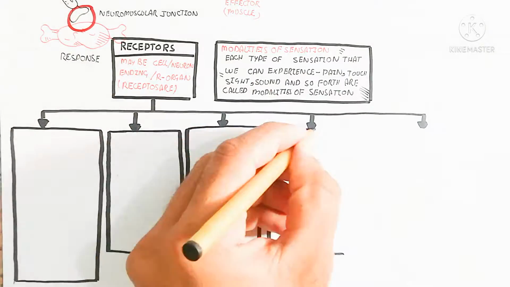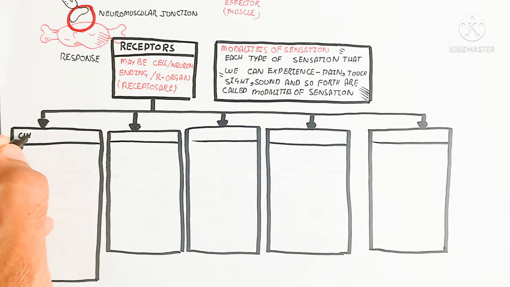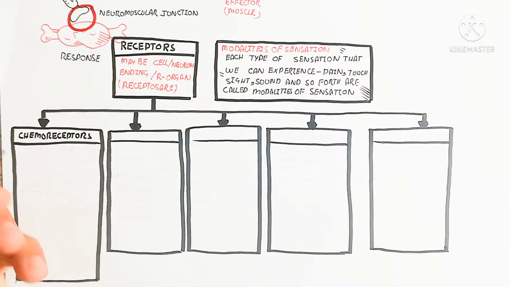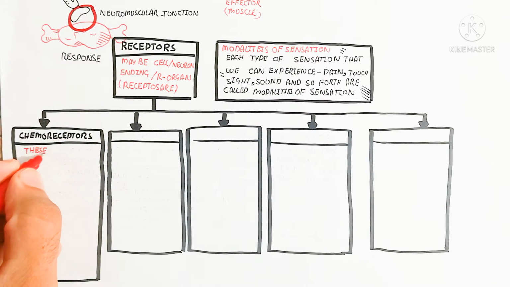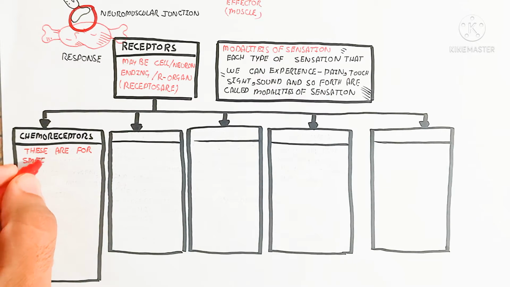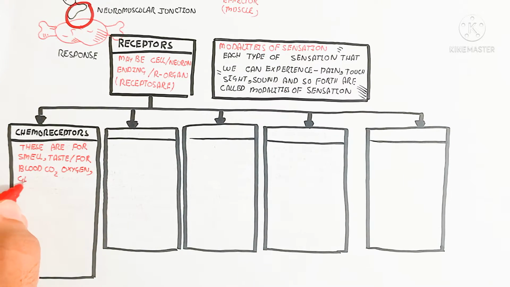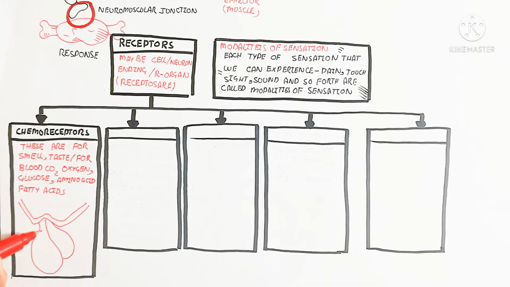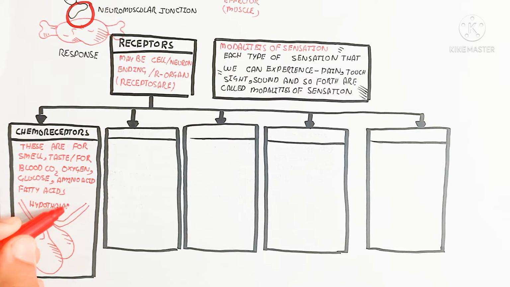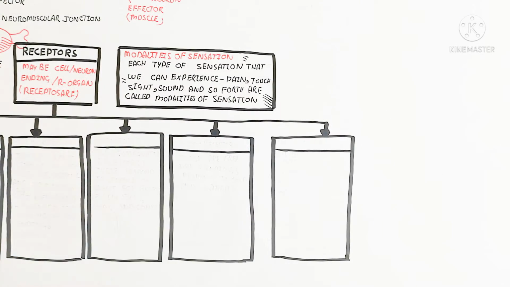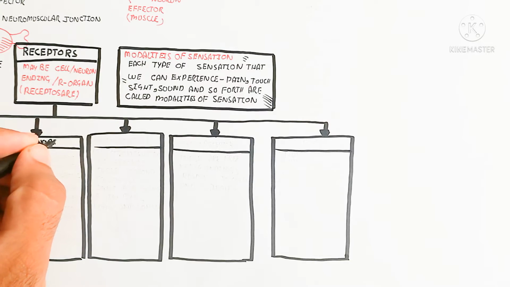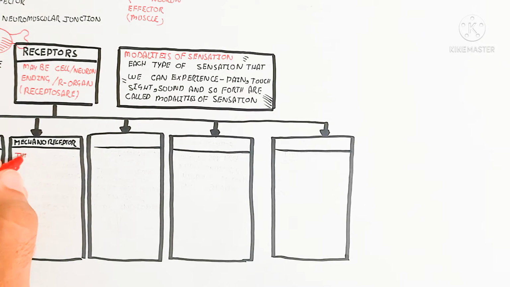These are for smell, taste, and for detection of blood carbon dioxide and oxygen, glucose, amino acids and fatty acids. Glucose can be detected through the endocrine system, but also through the gustatory taste pathway, and amino acids and fatty acids as well. On the other hand, the hypothalamus is also a chemoreceptor which can detect these.